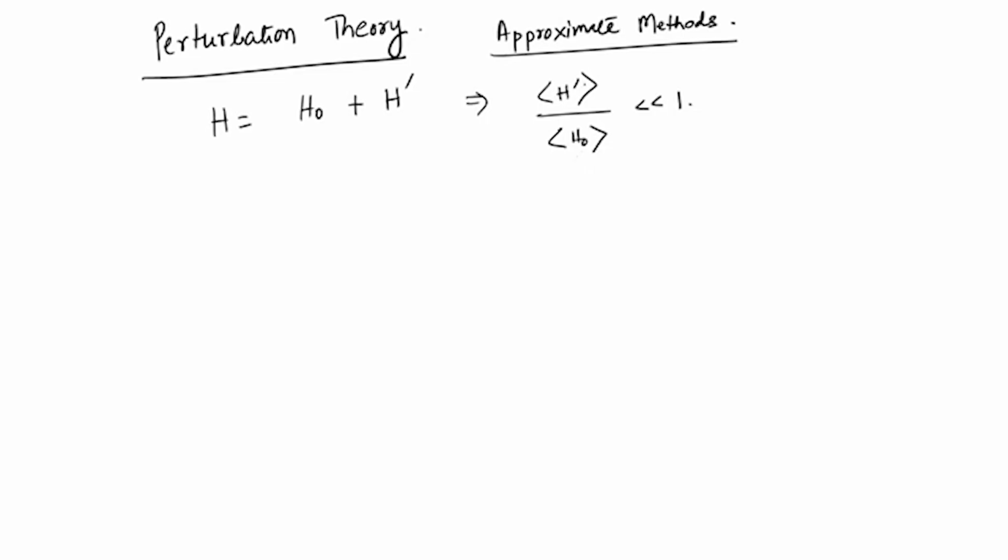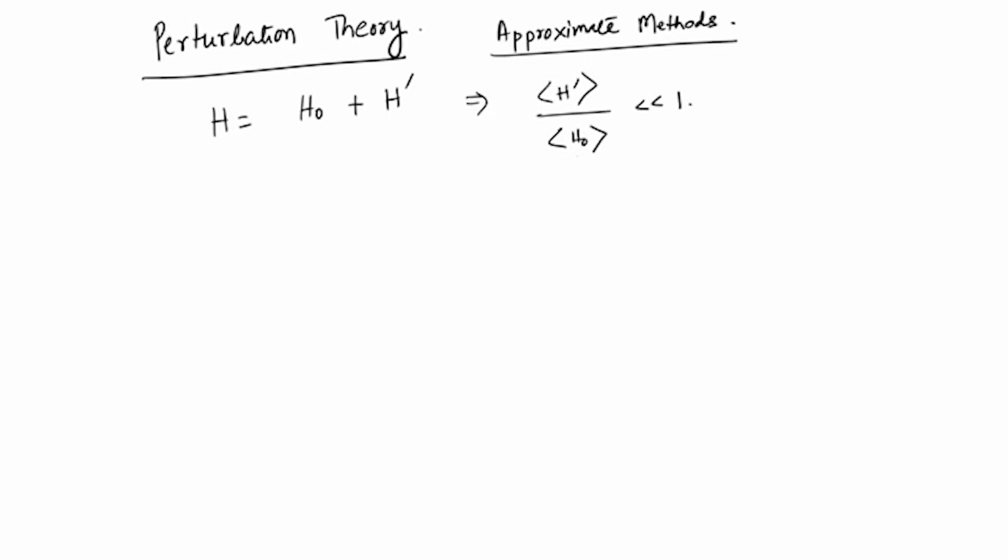So, there is an ambiguity that you may notice: we are talking about expectation values without knowing the eigenfunctions of H prime, because certainly we do not know the exact solution of H. Then how do we actually take this expectation value, that is, what are the eigenfunctions used for evaluating the numerator for this problem?